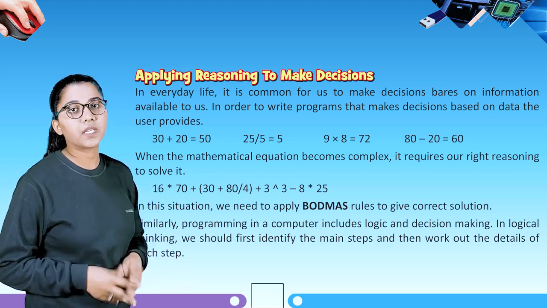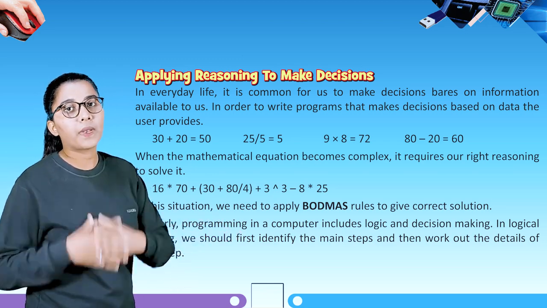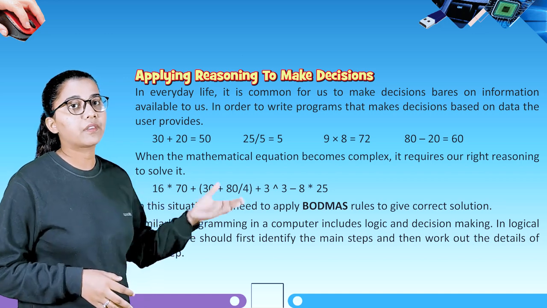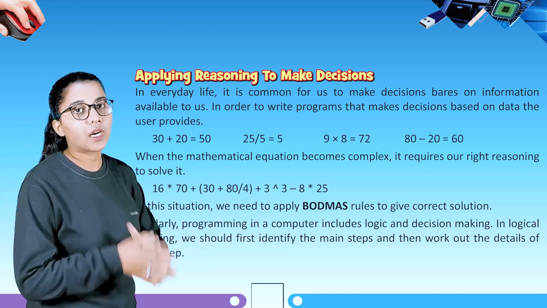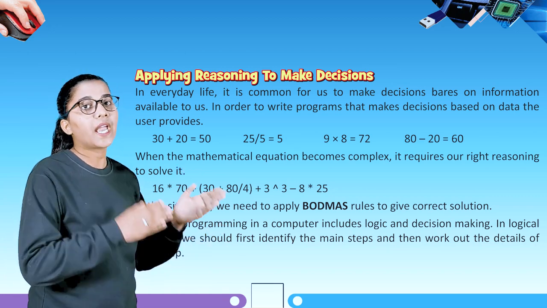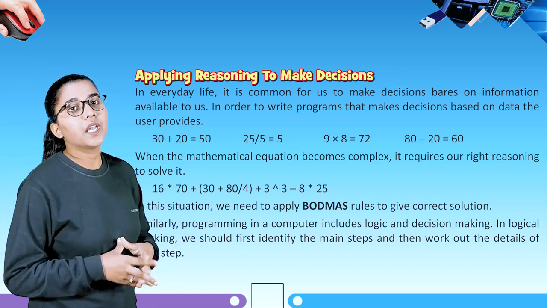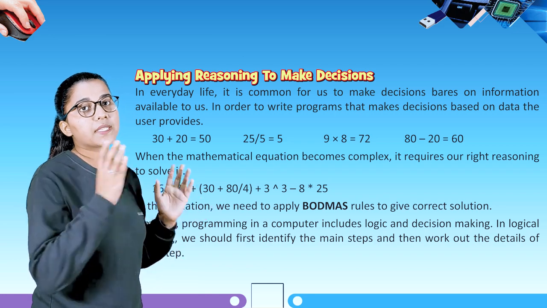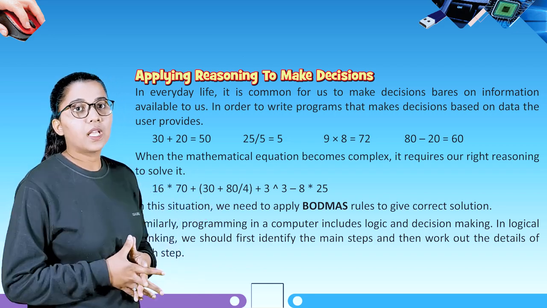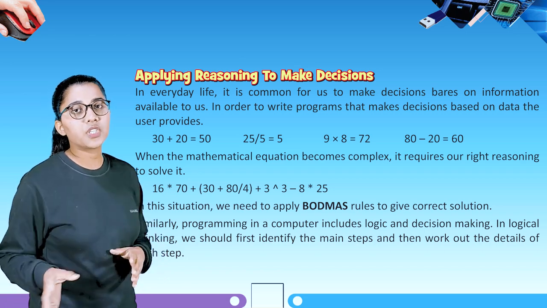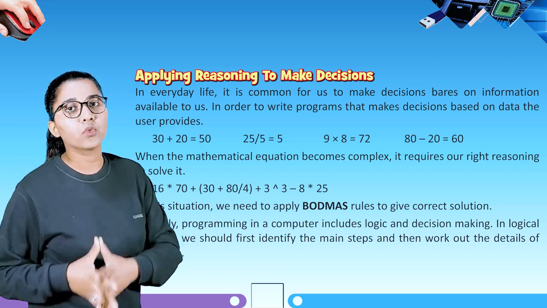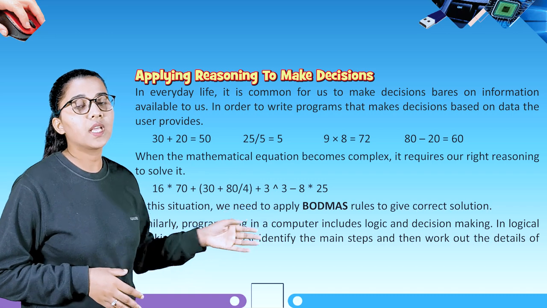When the mathematical equations become complex, it requires our right reasoning to solve it. 16 into 70 plus 30 plus 80, and 4 plus 3 divided by 3 minus 8 into 25. In this situation, we need to apply the BODMAS rule to give the correct solution.